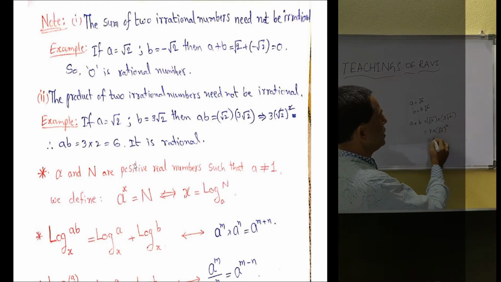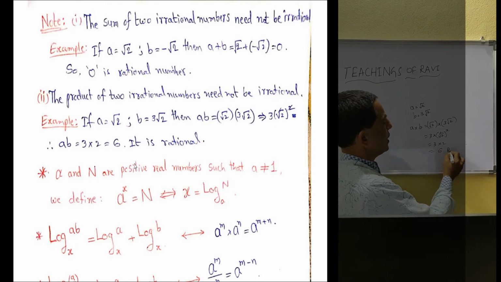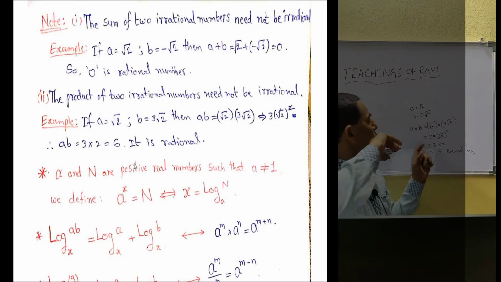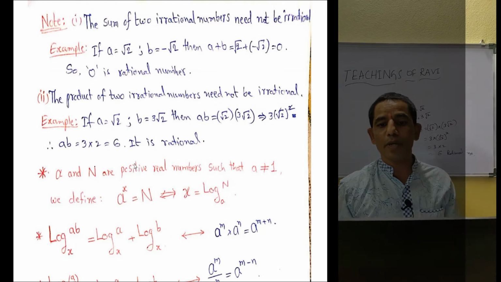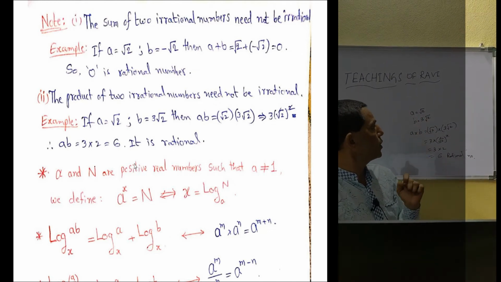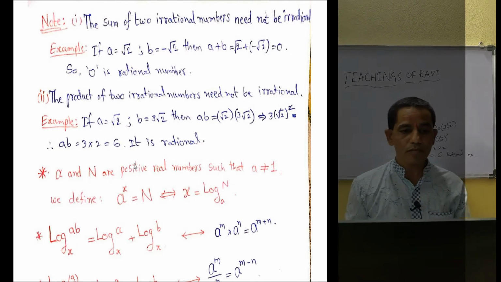The square root cancels with the square, and 3 into 2 is equal to 6. 6 is a rational number. So the product of two irrational numbers may not be irrational.